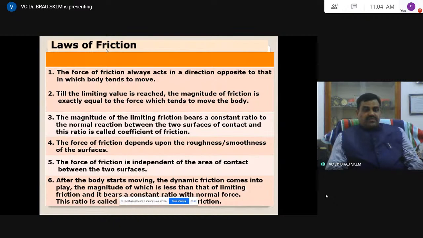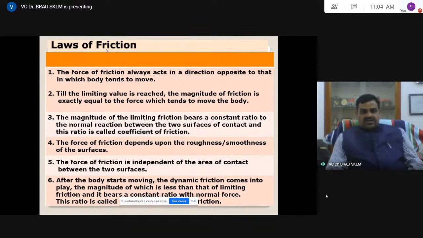Because of that the value may change, but mathematically it does not depend on area. F is equal to mu times N, where mu is the coefficient of friction and N is the normal reaction. There is no question of area here. That is the meaning. Mu changes with respect to the type of surface, but mathematically friction does not depend on area.